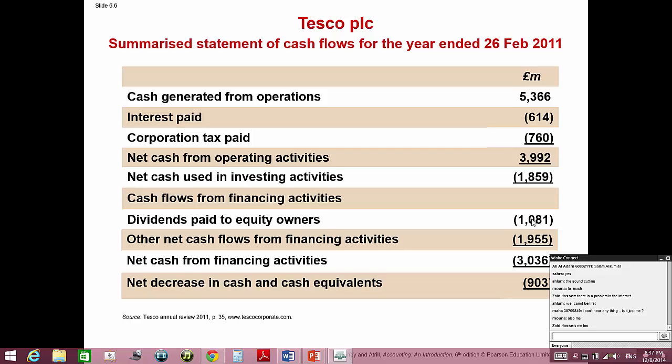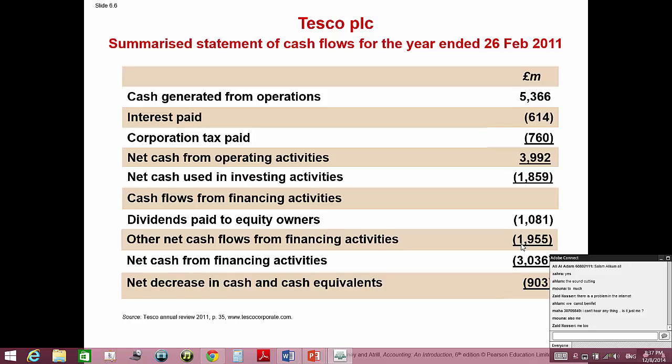First of all, we need to find out the net cash flows from financing activities, which will be 3,036, the sum of this amount and this amount.